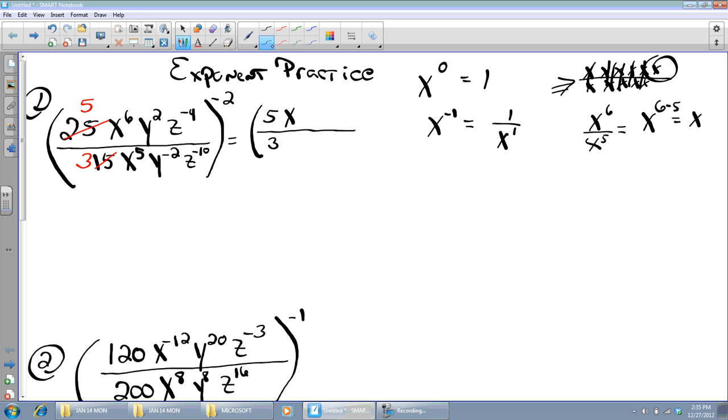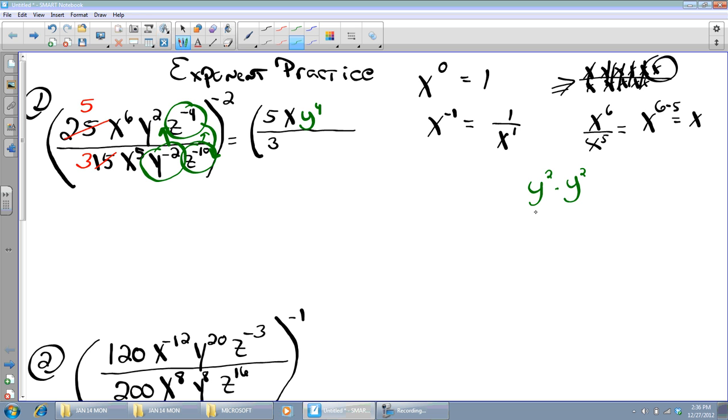Okay, now on this one here, I know that this guy is going to go upstairs. So in my numerator there, I'm going to have a y squared times a y squared, which is going to be a y to the 4th power. Now for this one, I know that this guy is going to go downstairs, but this guy is going to the numerator upstairs.